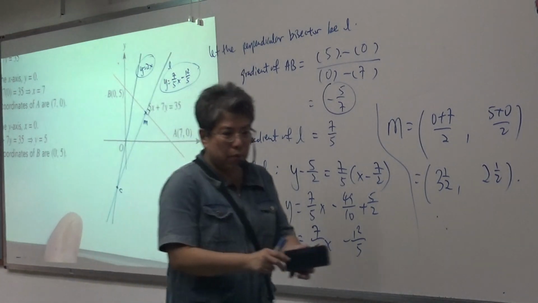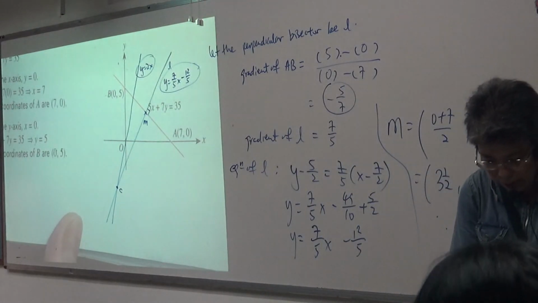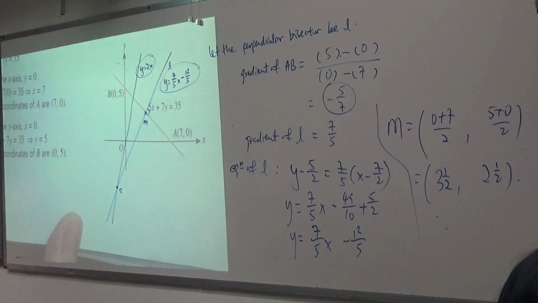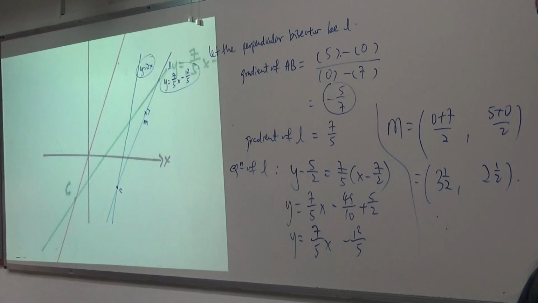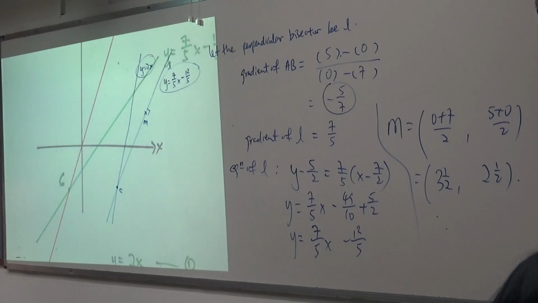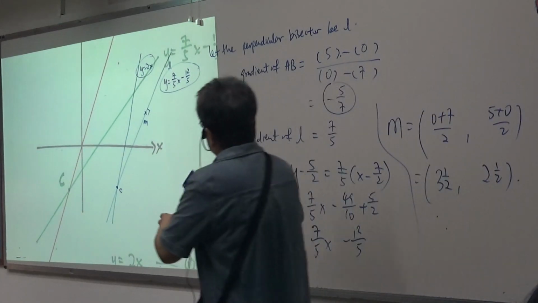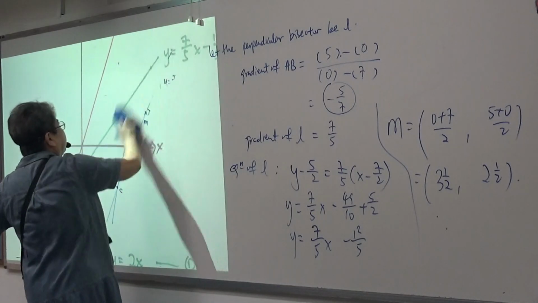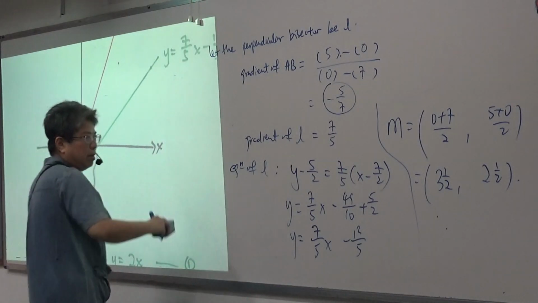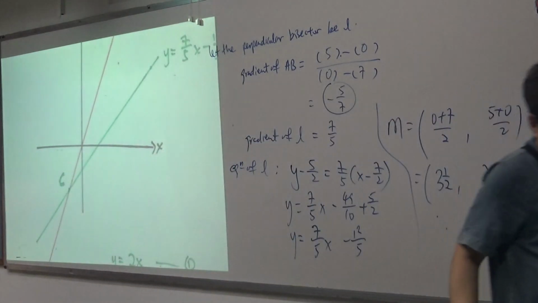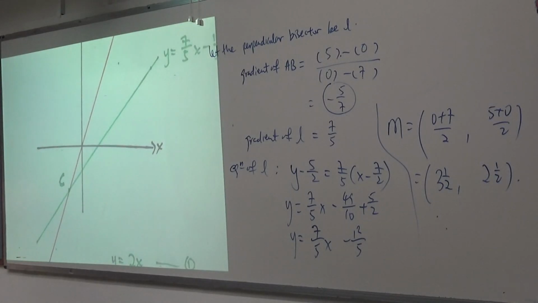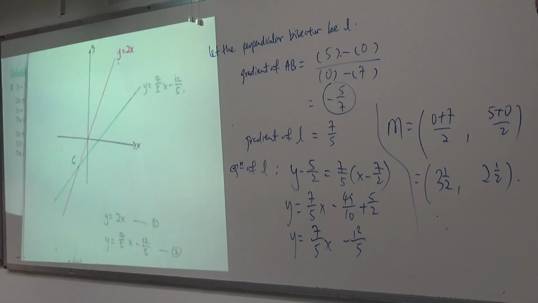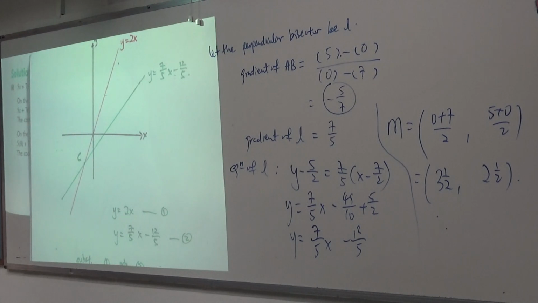Now I'm going to show you how I solve the simultaneous equation. I'm going to delete all the things now. Can you see my diagrams on the board? This one I fade away. I make this smaller. Can you see the two lines will intersect at C?